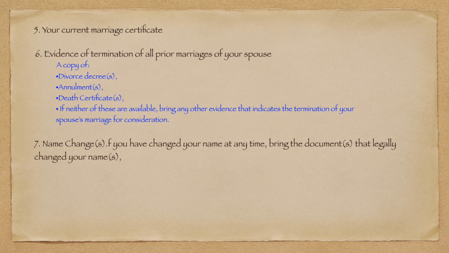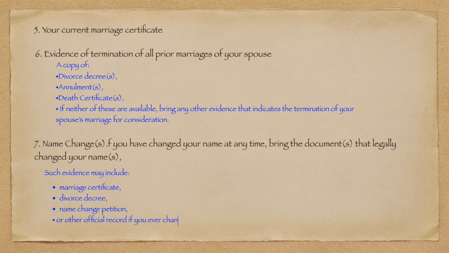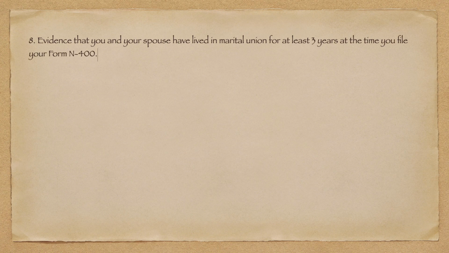If you have changed your name at any time, bring the document that legally changed your name. And evidence that you and your spouse have lived in marital union for at least 3 years at the time you file your N-400 form.